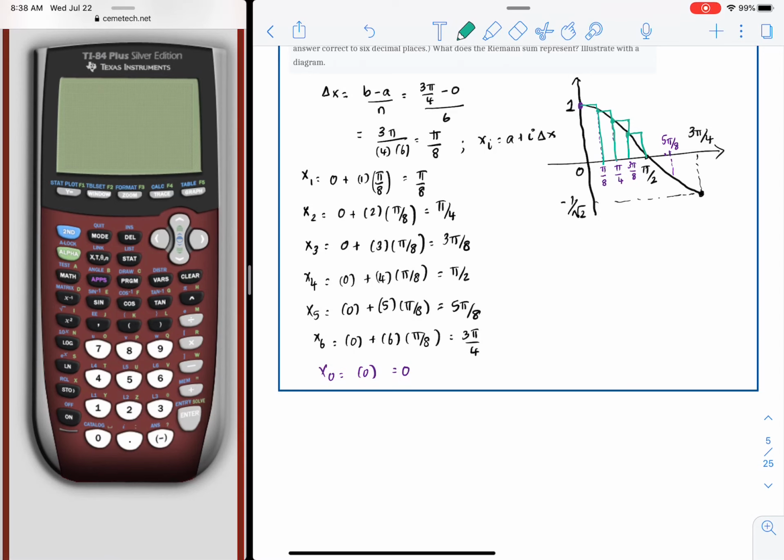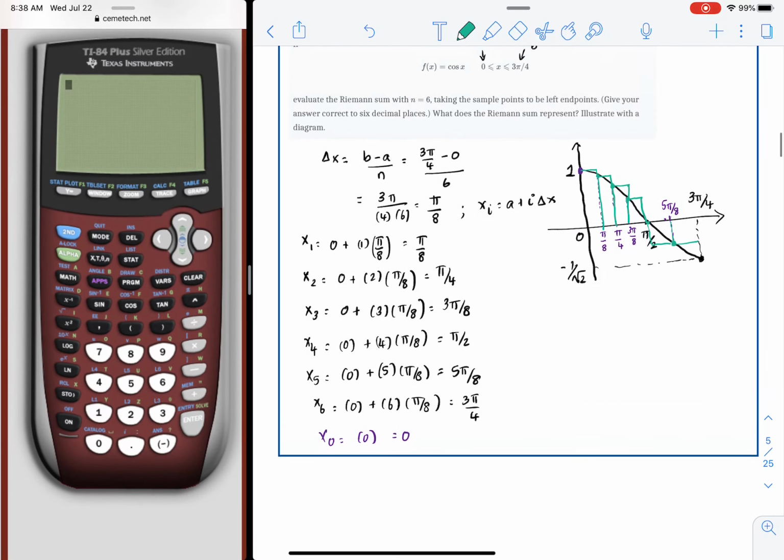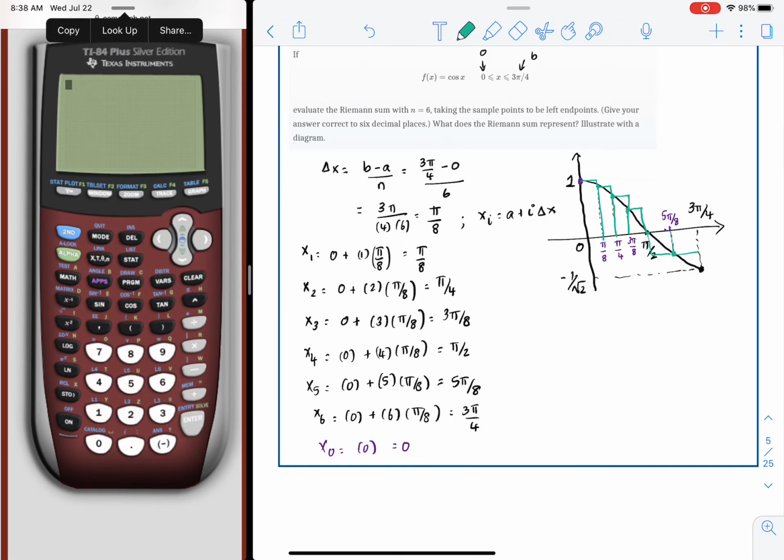The fifth rectangle would start from here, but the left endpoint, since it's over there, we have to sort of use the right one because it's decreasing, so we'll have that. And the next one would be from there to over there. The reason being, we want to take sample points to be left endpoints, so I'm taking only the left values.